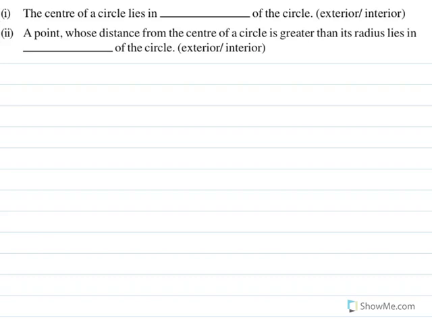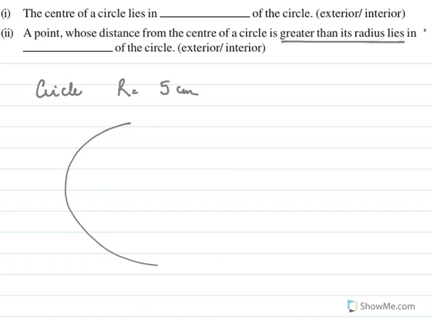A point whose distance from the center of the circle is greater than its radius lies in the exterior of the circle. Let me draw a circle, say of radius equal to 5 centimeters. This is the center of the circle, which means every point on the circle will be at a distance of 5 centimeters.